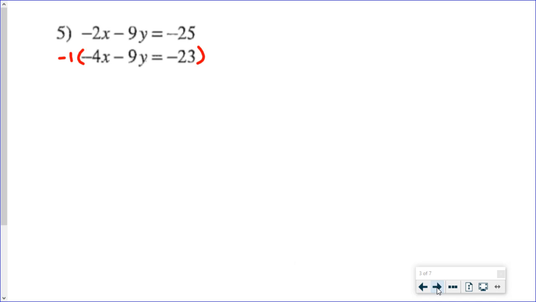Okay, so what I'm going to do really is distribute this negative 1 there, which gives me a positive 4x there, which gives me a positive 9y. The equal sign goes along and all the way down there. Now that's a positive 23. So what you're doing is multiplying by negative 1 really just changes the sign.